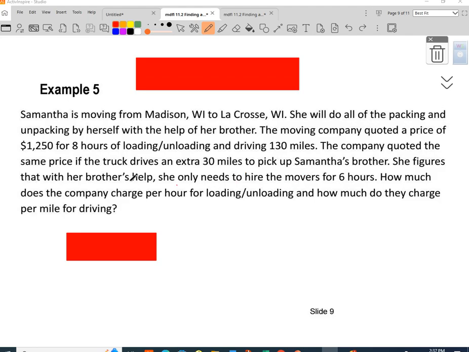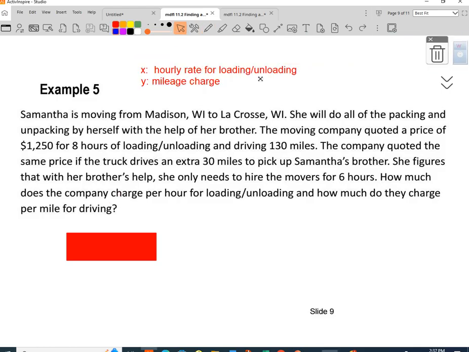She figures that with her brother's help, she only needs to hire the movers for 6 hours. How much does the company charge per hour for loading and unloading, and how much do they charge per mile for driving? Okay. So we're going to use X, the hourly rate for loading and unloading, and Y for the mileage charge.